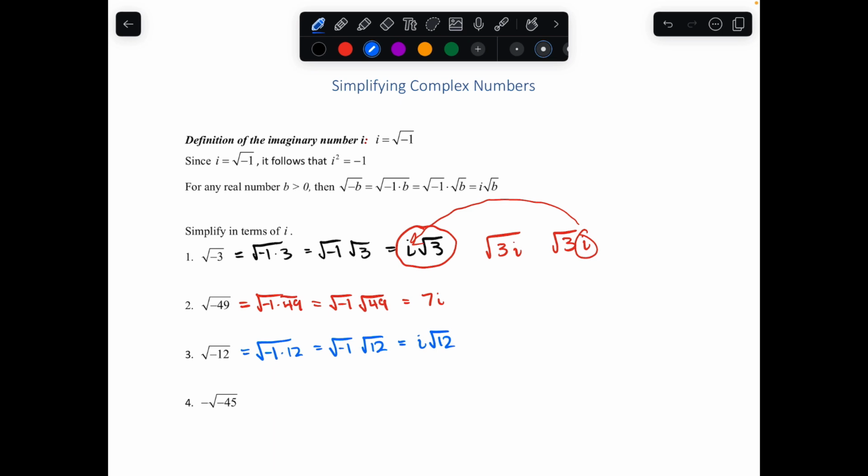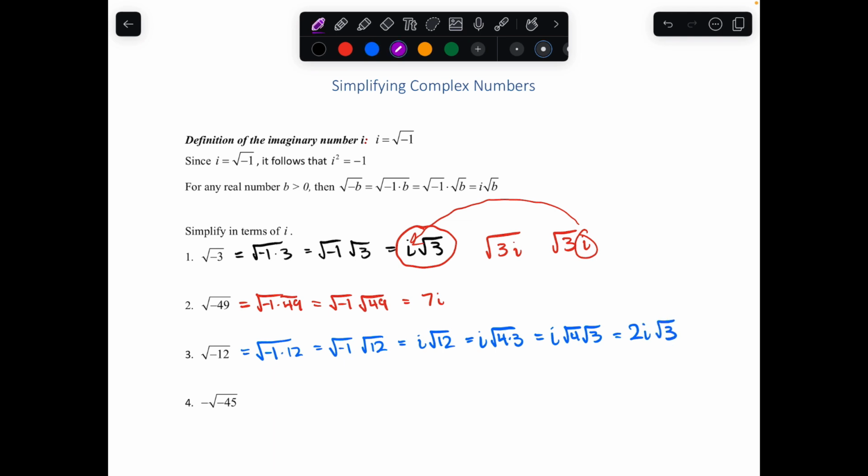I can break 12 down into 4 times 3. So this is going to be i times the square root of 4 times 3, which breaks down into i times the square root of 4 times the square root of 3. But what's the square root of 4? 2. So we get 2i times the square root of 3. And that's our final answer.